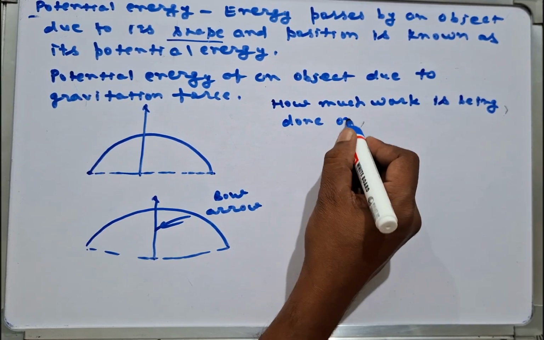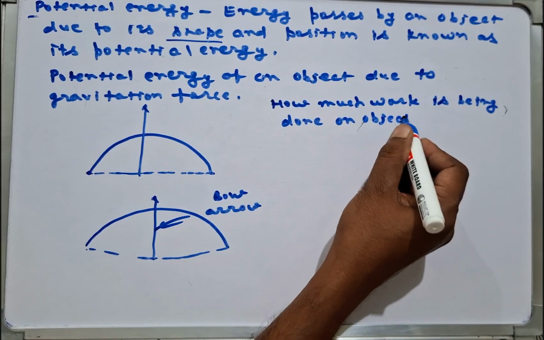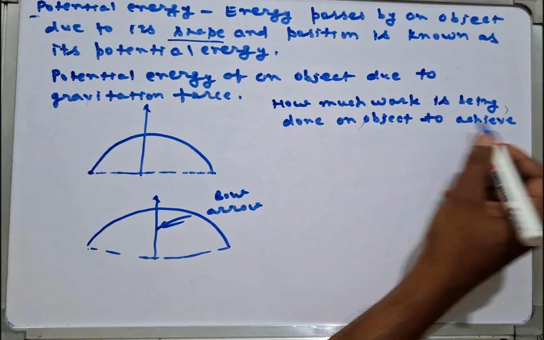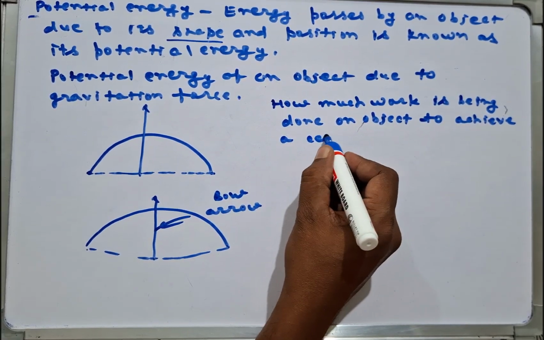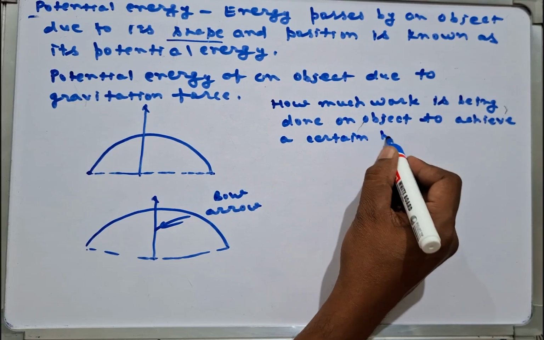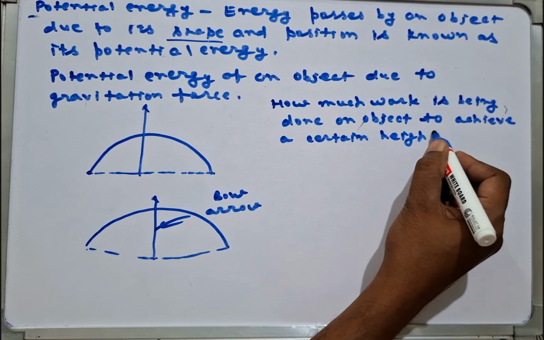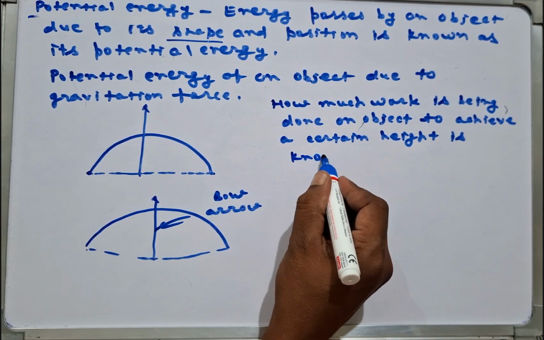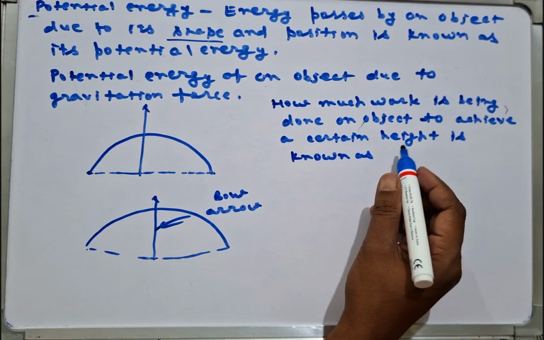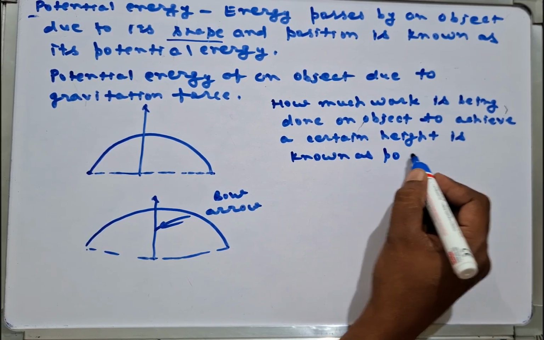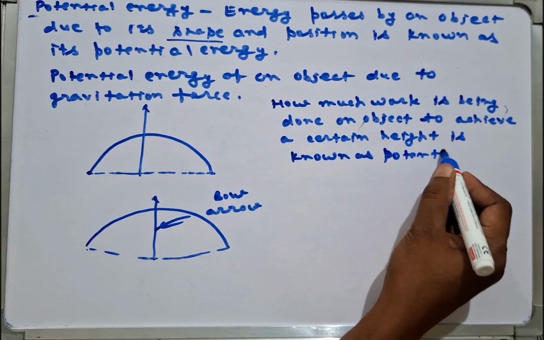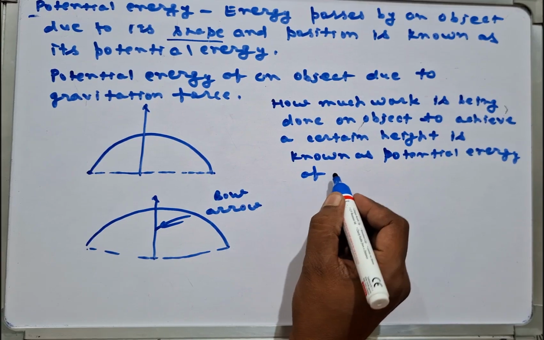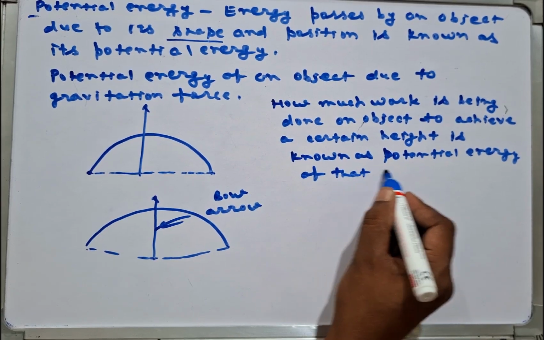Okay, so potential energy: how much work is being done on an object to achieve a certain height is known as the potential energy of that object.